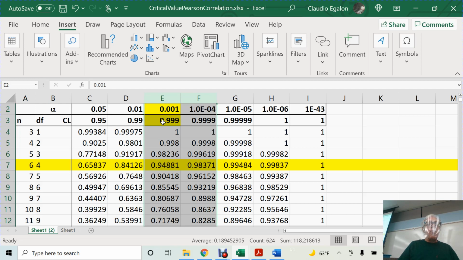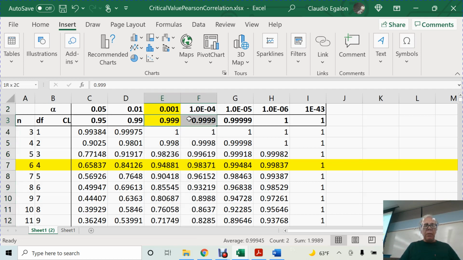You log this one as the minimum value or the lower bound. You log this one as the maximum value or the upper bound. My table cannot tell you exactly what the CL is for this specific value because my table is finite. So your answer will be between those two values.